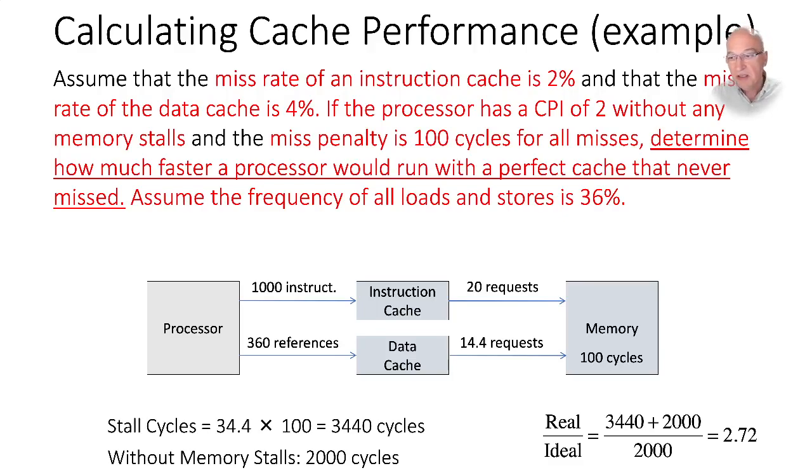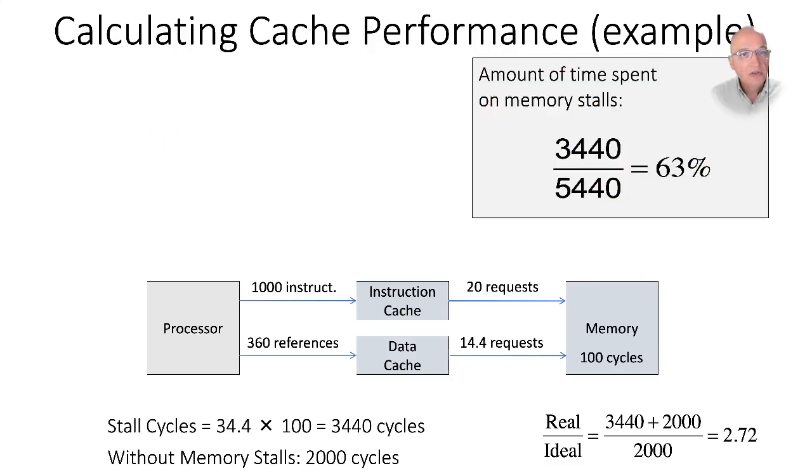If I divide that sum by 2,000, I get 2.72, and that is the difference between the real and the ideal. Now I can compute the amount of time that I spent on memory stalls, take the time for memory stalls divided by the total time, and I can see that 63% of the time the processor is not doing anything, it's just waiting for memory.